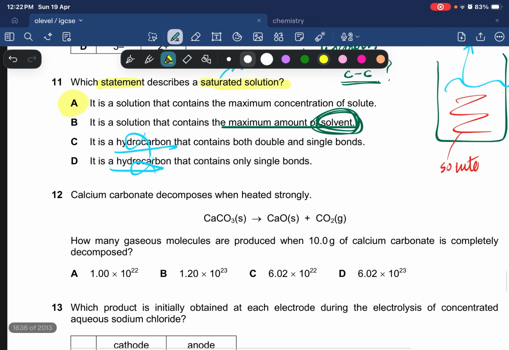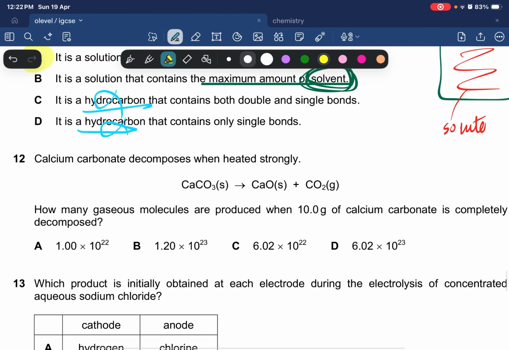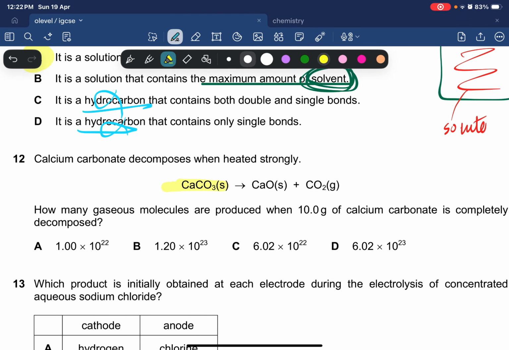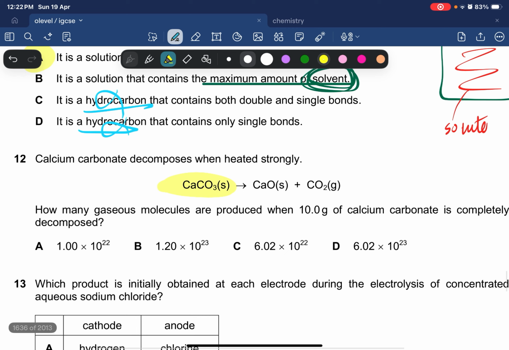Calcium carbonate decomposes when heated strongly. How many gaseous molecules are produced when 10 gram of calcium carbonate is completely decomposed? So we have 10 grams of calcium carbonate. What is going to be the first step? Whenever we have mass of anything that relates maths in your IGCSE chemistry is going to be related to moles. So if you're given with mass, you have to calculate the number of moles.